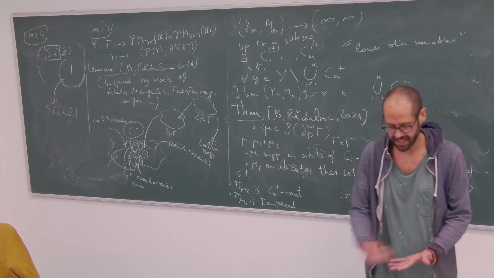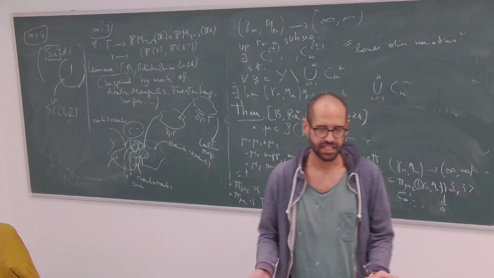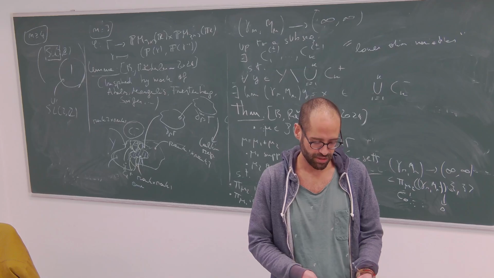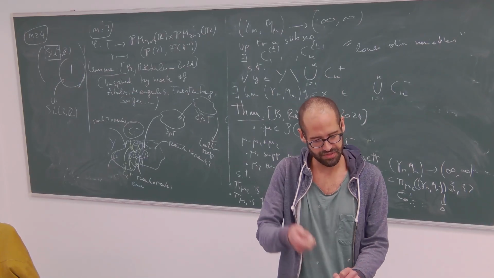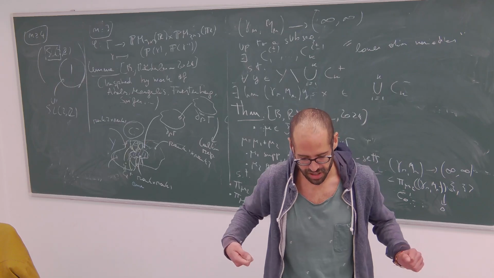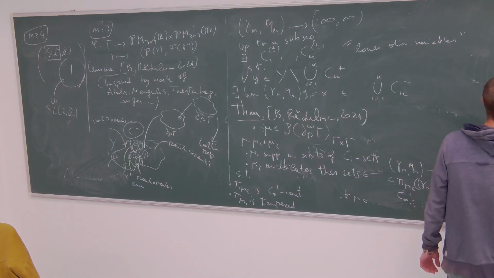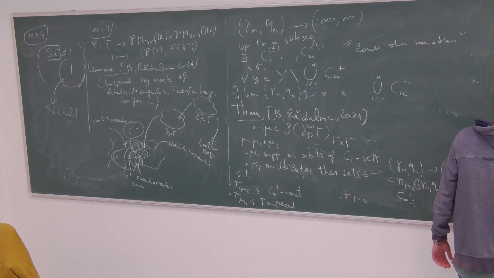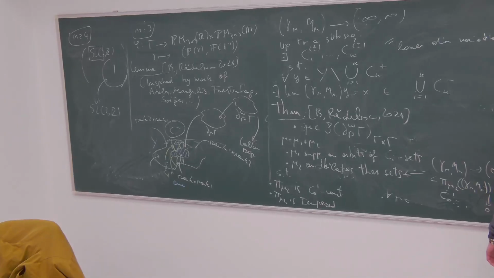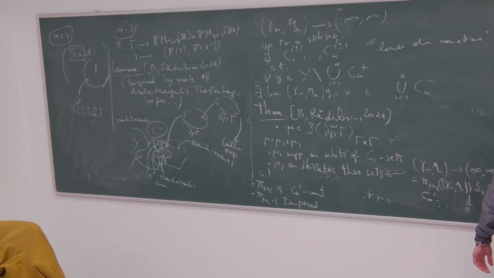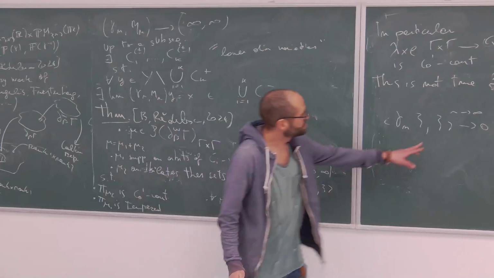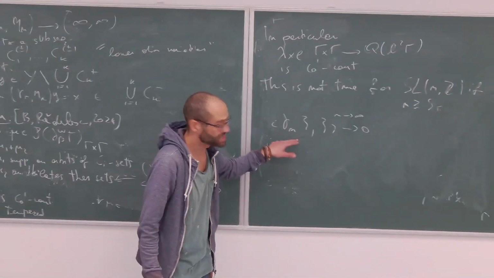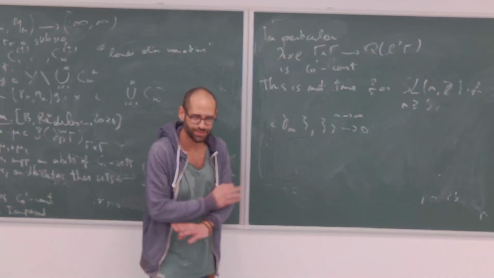That if you take a divergent sequence in the group, you take a quasi-invariant measure and the function, then this function goes to zero. That the scalar product between an L2 function and the translate of this function by the group elements should go to zero.